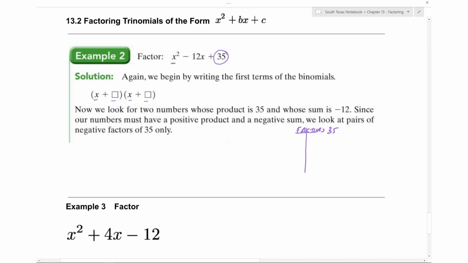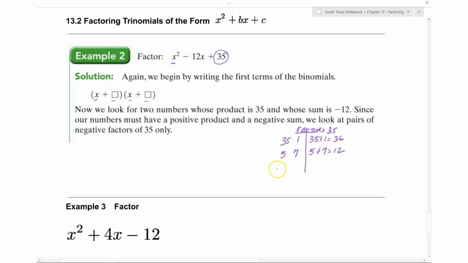We know that we have 35 times 1, which if we were to add would give us 36, and that's not what we want. We also have 5 times 7 is 35, and 5 plus 7 is 12, which is close.